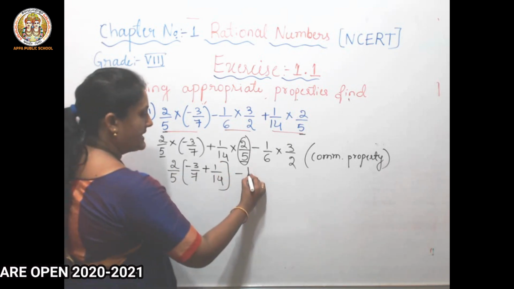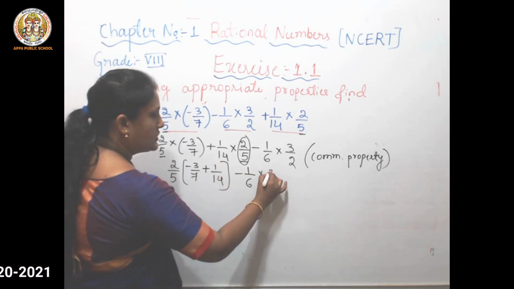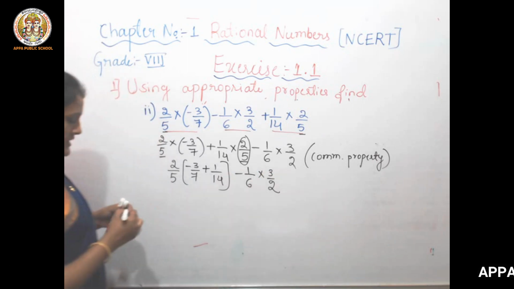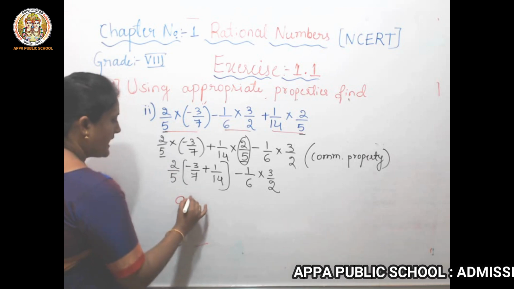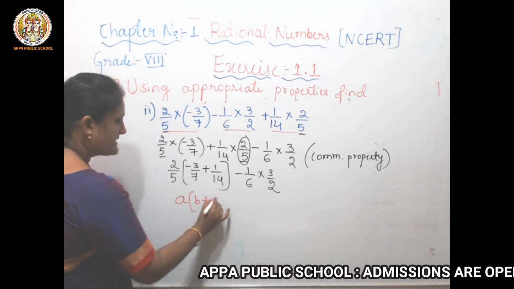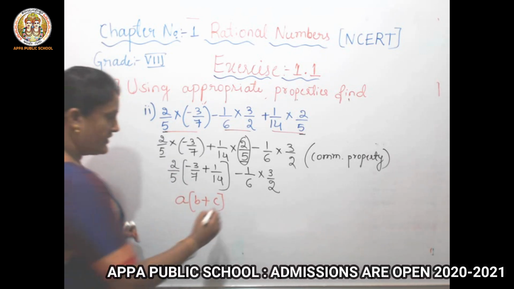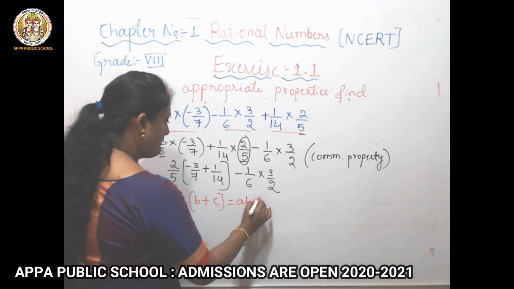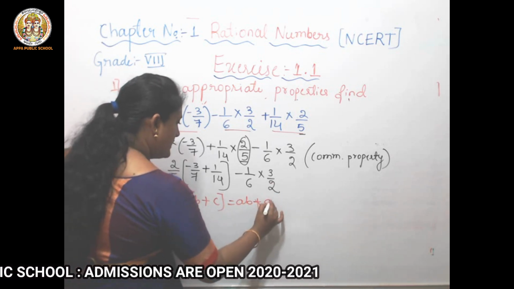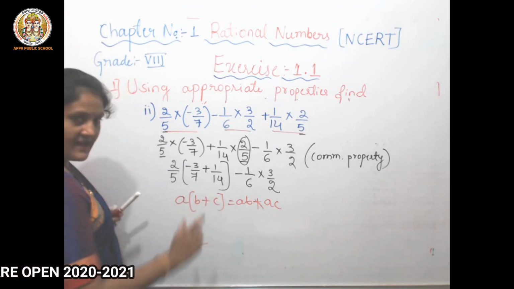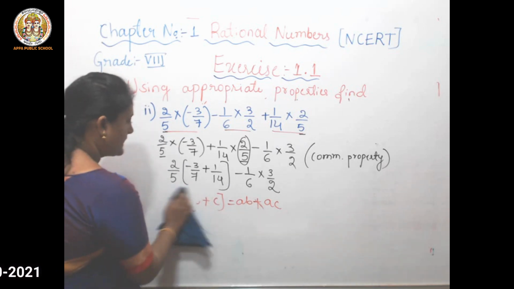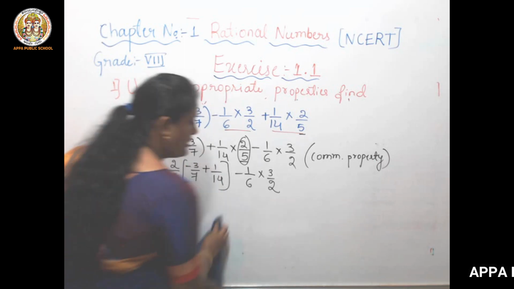Then minus 1 by 6 into 3 by 2. Now here you can check, again you can see this A into B plus C, which we can write as A into B plus A into C. You can see this term is similar to that. So which property is it? It is the distributive property.